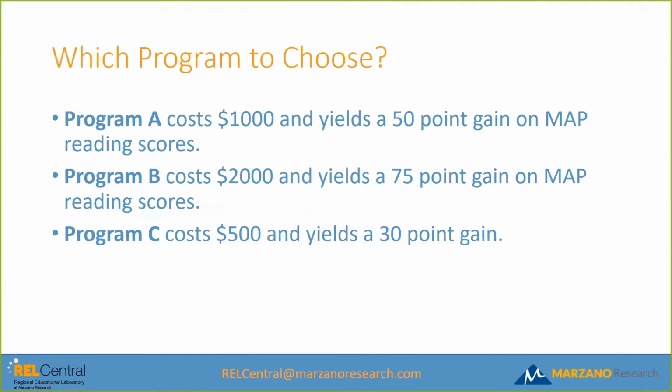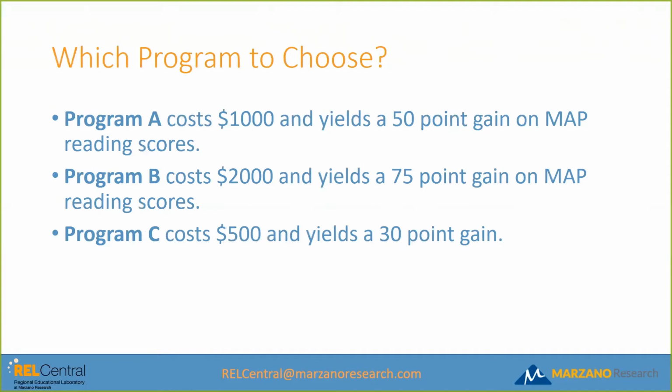Okay. So this is our first little interactive session. Just to provide an example, here we have 3 different programs that we're looking at in our hypothetical school district. They're all aimed at trying to improve reading scores. Program A costs $1,000 per pupil and will yield a 50-point gain on your MAP reading scores.